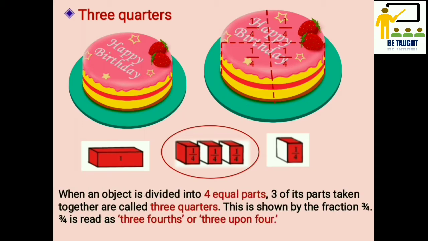So when an object is divided into 4 equal parts, 3 of its parts taken together are called 3/4. This is shown by the fraction 3/4. 3/4 is read as three fourths or three quarters.